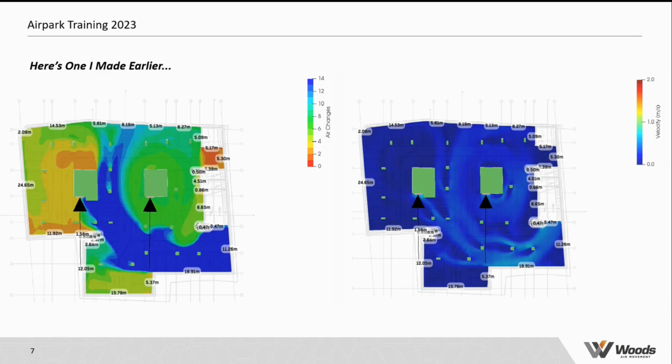The total air change rate in the car park is purely determined by the size of your extracts. The jet fans themselves, unless you're working on a hybrid system, will have no impact on the total extract rate.